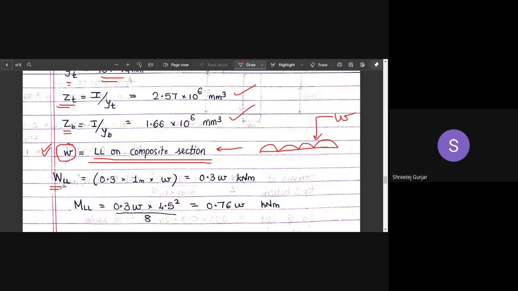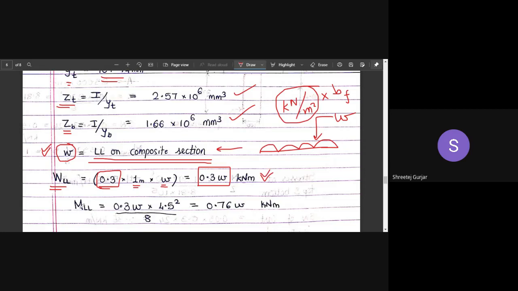So capital WLL is 0.3, the width, per meter, into w, so it will be 0.3 w kilonewton per meter. So this small w is what? Small w is in kilonewton per meter square. So to convert it to kilonewton per meter, we have multiplied this by the breadth of the flange, that is 0.3. So we have got WLL.